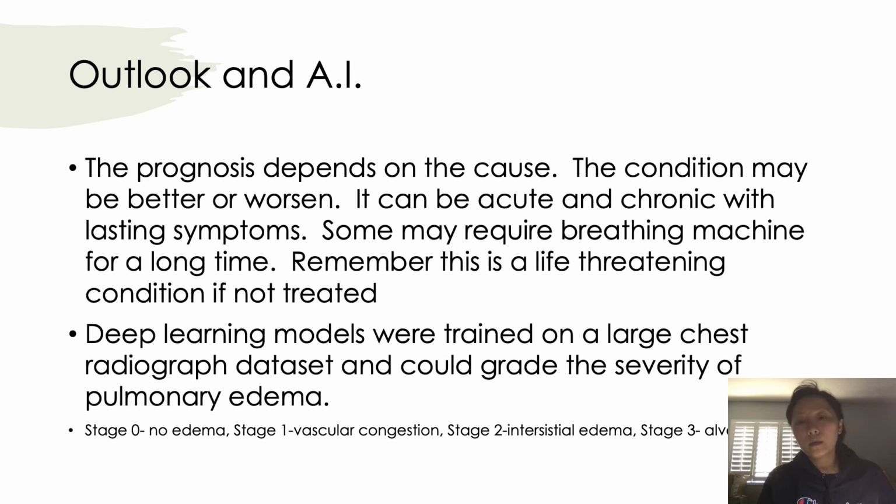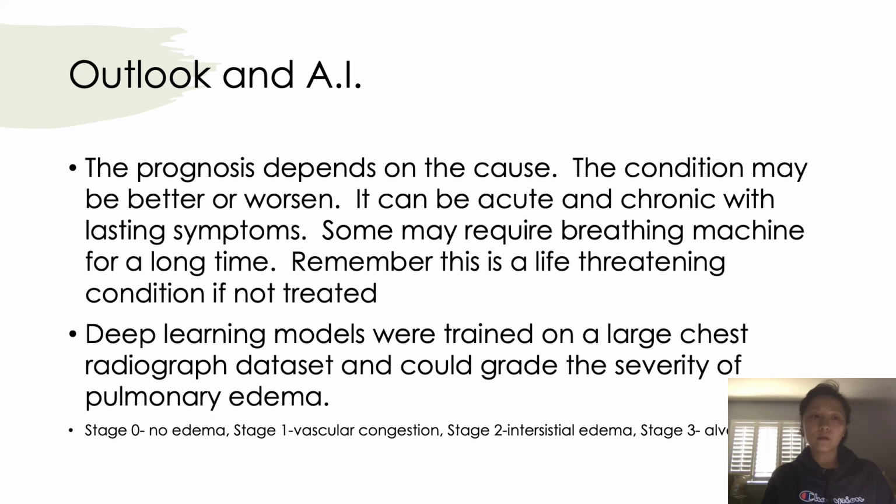The outlook, or prognosis, really depends. Everyone's condition is different. Some might be chronic, some could be acute, some might need a breathing machine for a long time. There are a few deep learning models out there that help the medical team.